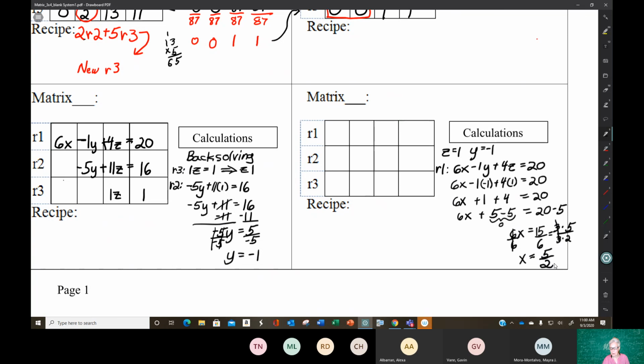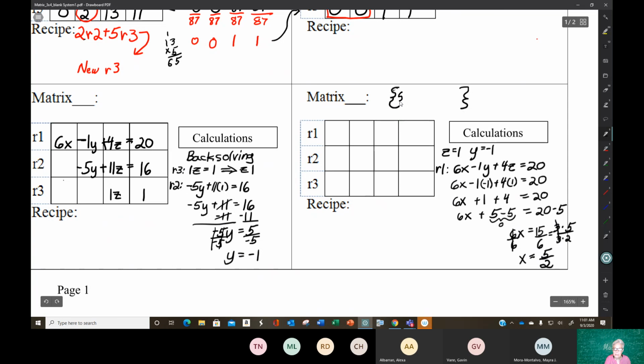So now we put our answer, actually the answer box will be inside braces like this, because you're going to get an ordered triple, x, y, z. That's the kind of point you get in three-dimensional space because you've got length, width, and height.